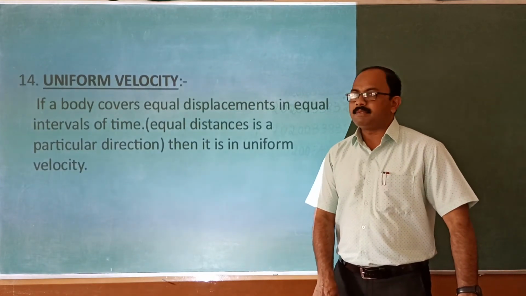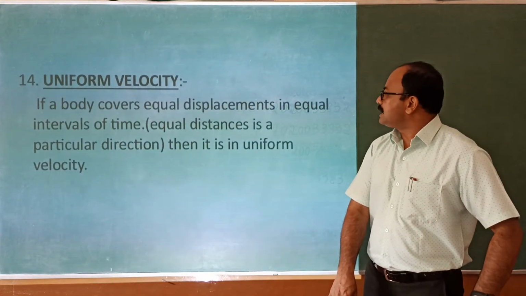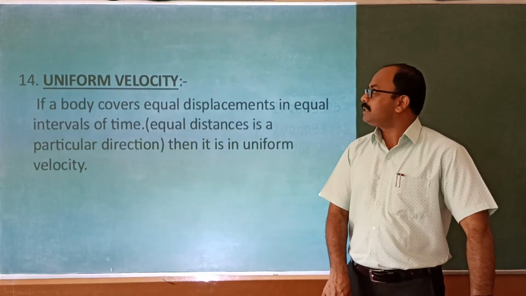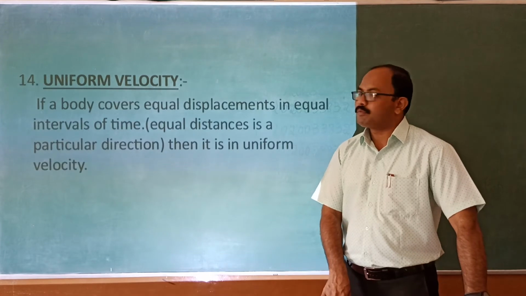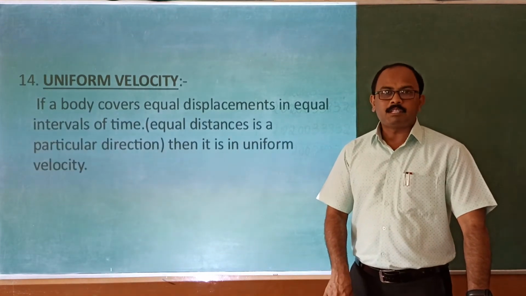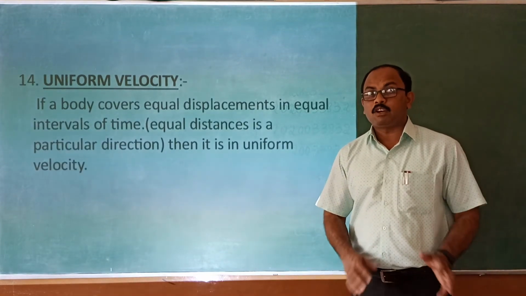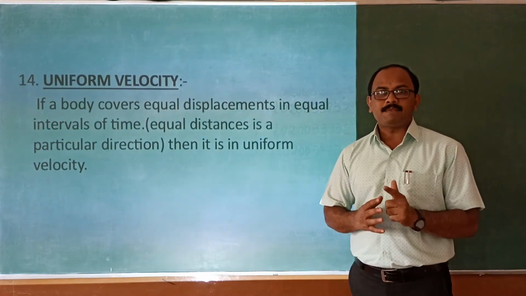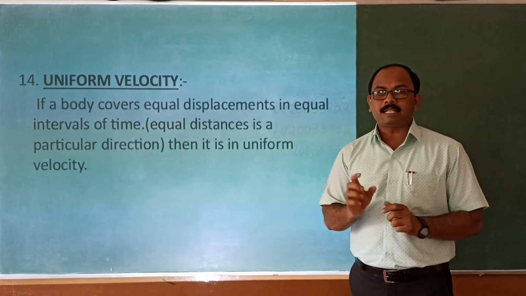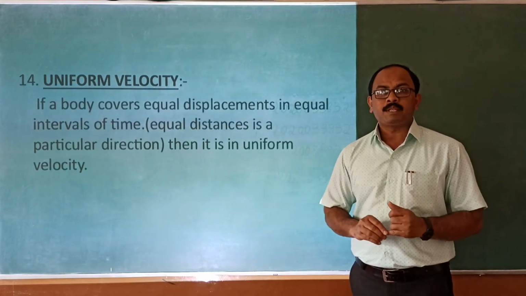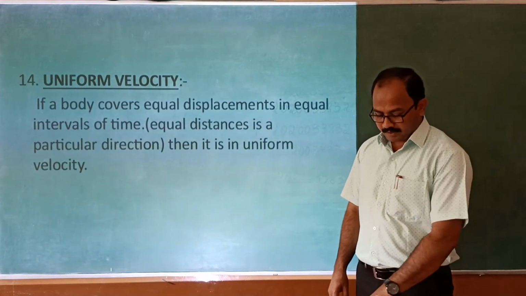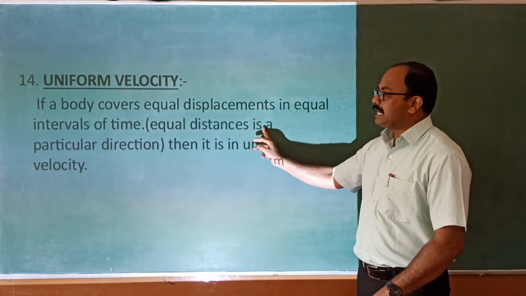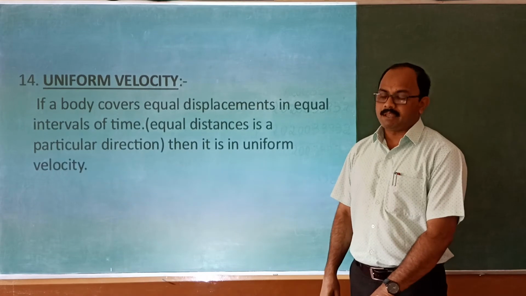Uniform velocity: if a body covers equal displacements in equal intervals of time, then it is in uniform velocity. Uniform speed, we have seen, children, is if an object covers equal distances in equal intervals of time. There we have used distances, children. Here we use displacements, that is, equal distances traveled in a particular direction.